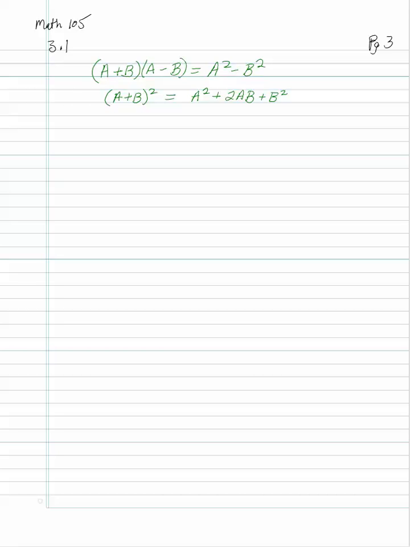Now, how this relates to here, the top one: if you multiply, say, 3 plus 5i with 3 minus 5i, and you use that shortcut, we're going to go 3 squared minus 5i squared.